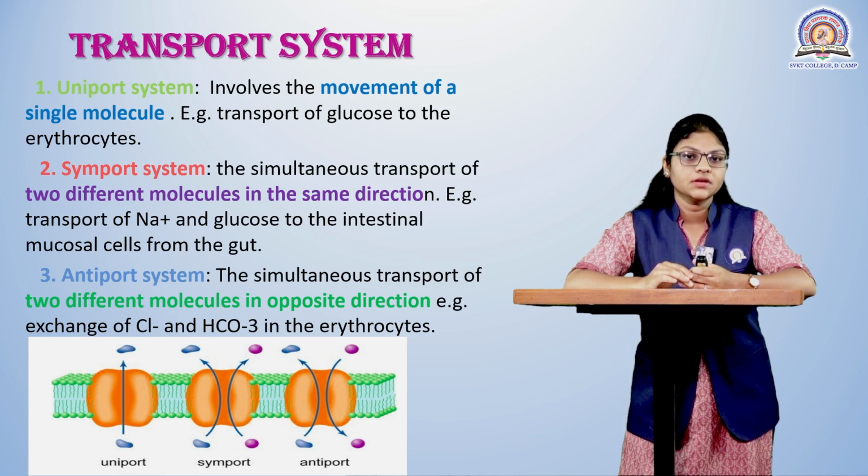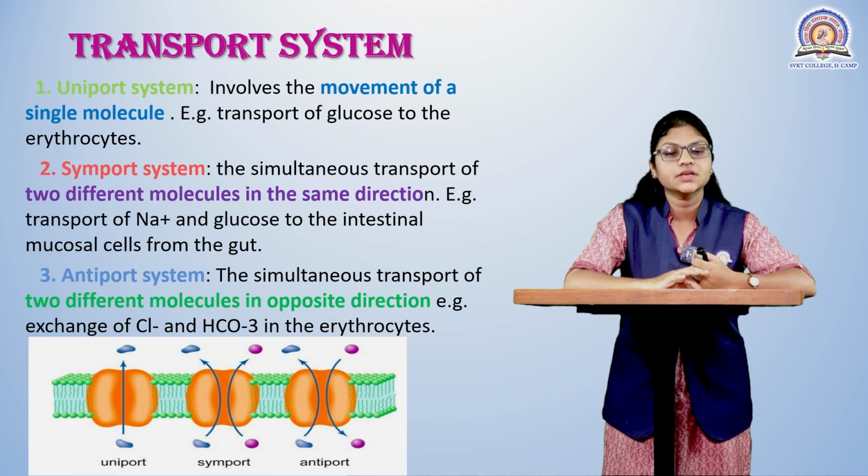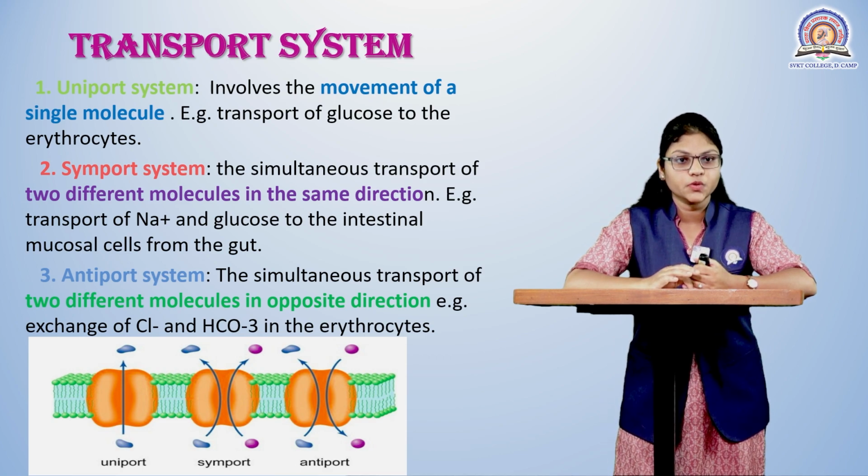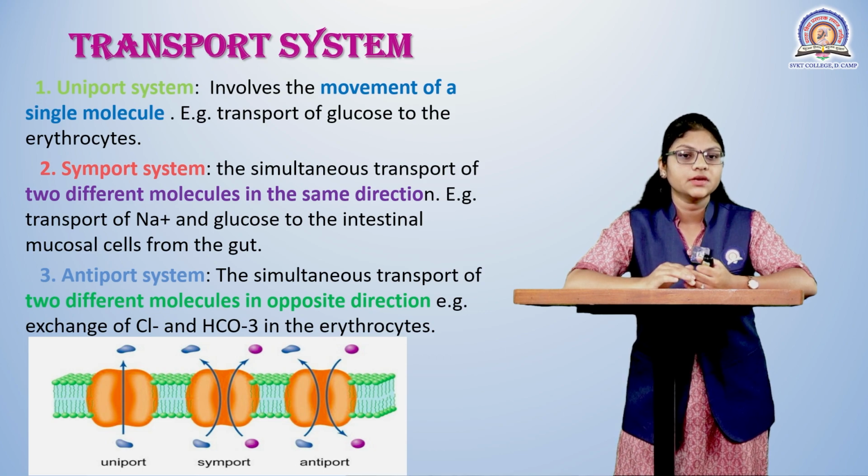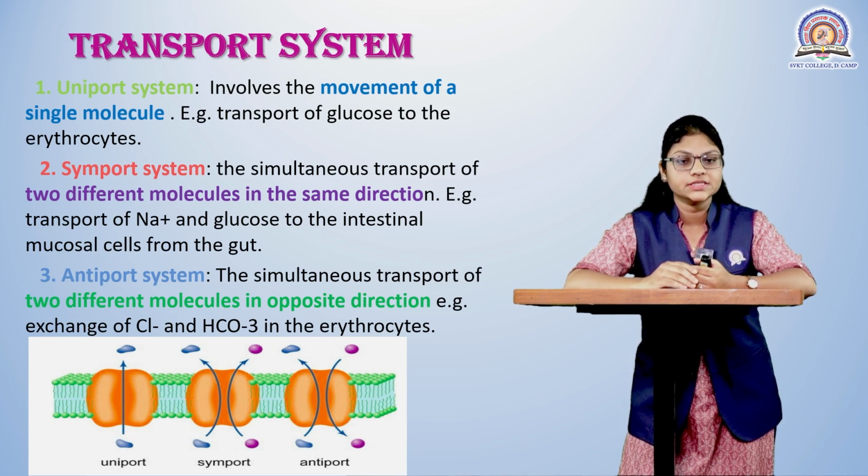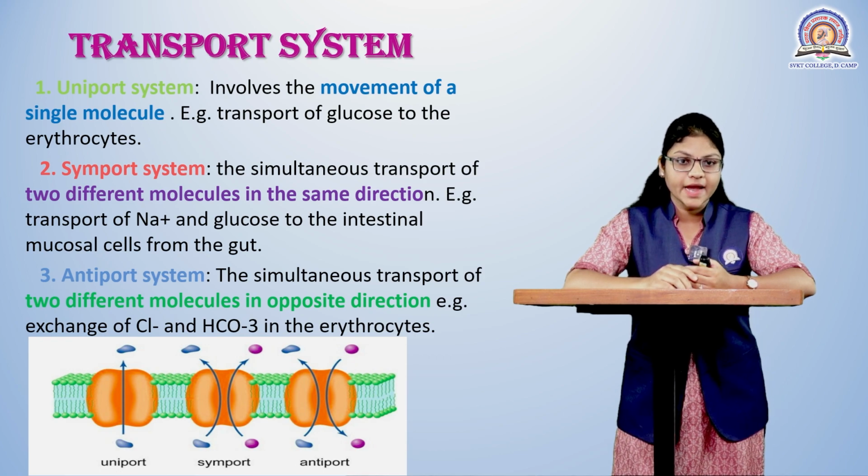For example, transport of glucose into erythrocytes. The second is the symport system. Symport means simultaneous transport of two molecules in the same direction. For example, the sodium glucose pump, which takes in or expels sodium and glucose simultaneously.